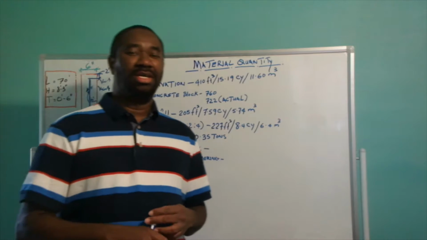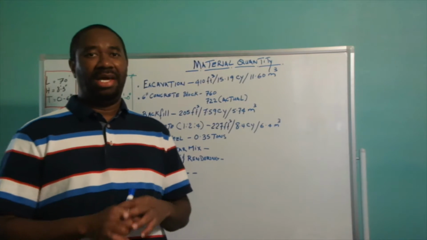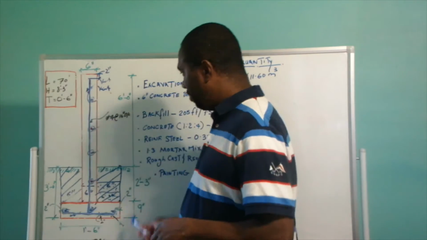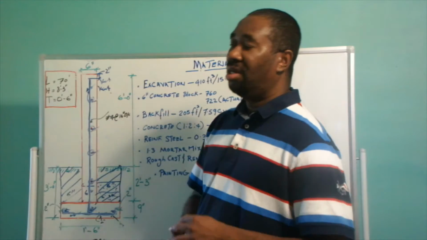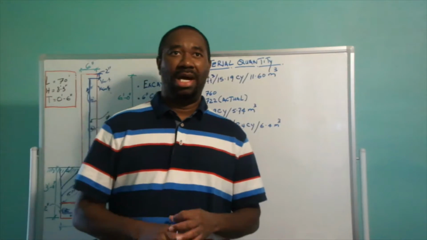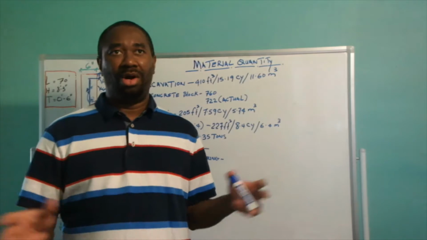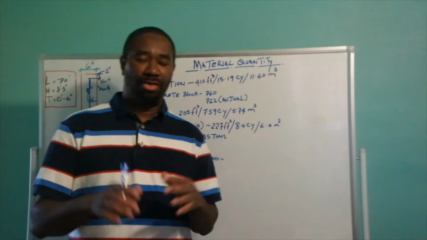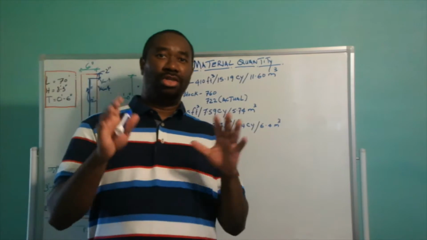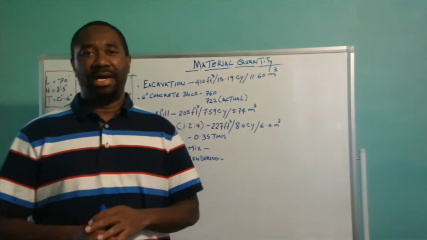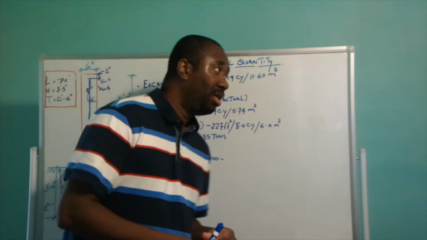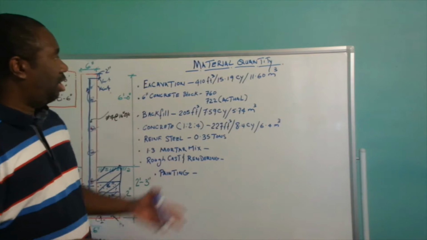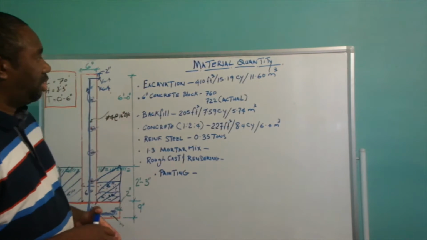Big up on yourself. In today's video, I am going to be continuing with my material quantity for this wall structure. In my last video, I spent roughly 35 minutes calculating the quantity for the reinforcement. Just to recap what I have calculated so far: the volume of excavation is 11.60 meter cube.